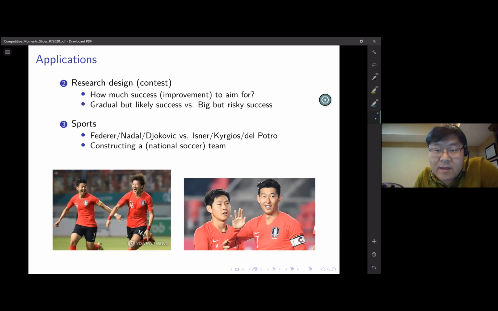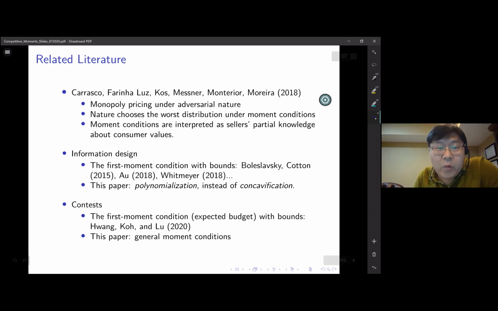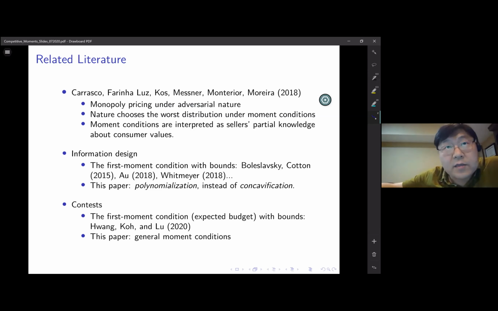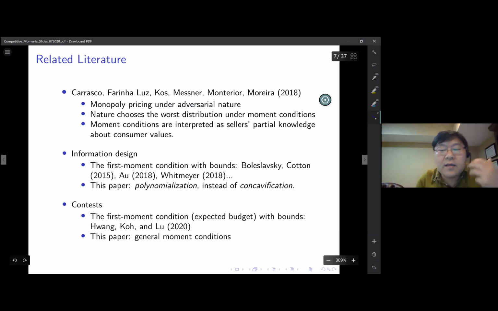Okay, so there's one paper which also considers the general moment conditions, and that's this paper by 6 authors, and they study the monopoly pricing problem where nature chooses a distribution subject to certain moment conditions in order to minimize the seller's profit. This is actually a great paper, and we learn a lot from it, but conceptually, their interpretation of moment conditions is that the seller has partial, imperfect knowledge about the underlying demand or the distribution.